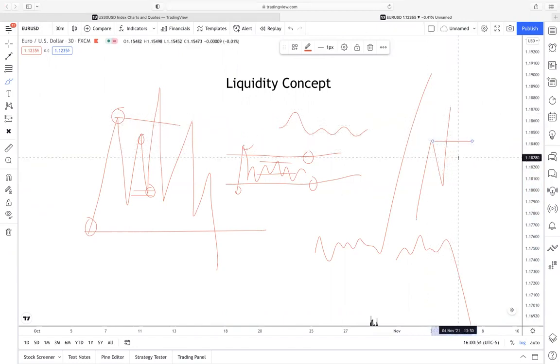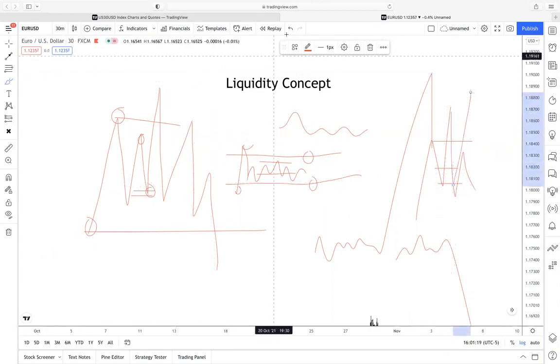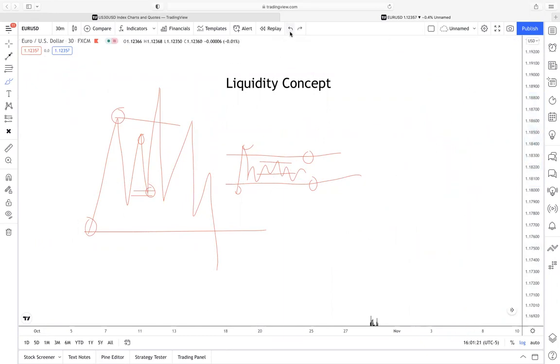That next pullback, because liquidity is ran. But is the pullback going to form a lower high, or are we at a significant level in the chart where we're waiting for structure to shift, and that's a valid liquidity run for overall order flow and structure to shift, or for it to be a run on liquidity on an internal level? Create that pullback to that structural point, that order block, and then go higher. So let's take a couple looks at examples on the chart.